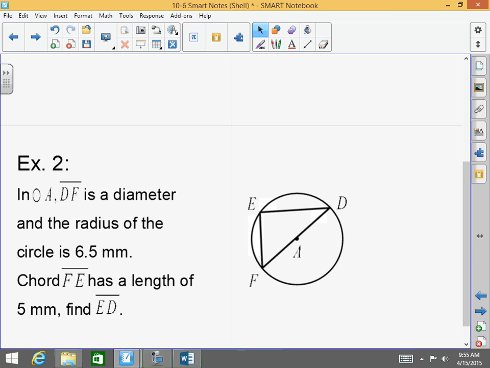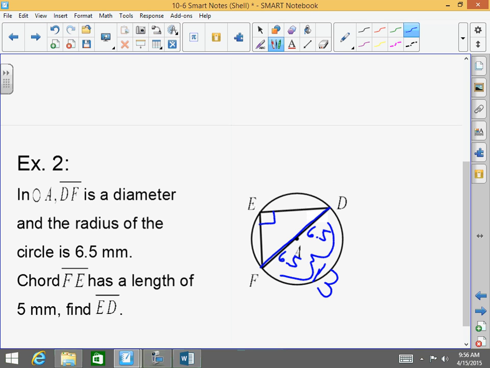First of all, what can we immediately prove right off the bat? FED is a right angle because it is an inscribed angle of a semicircle. Beautiful, guys. If a radius is 6.5, then what is the whole entire diameter?